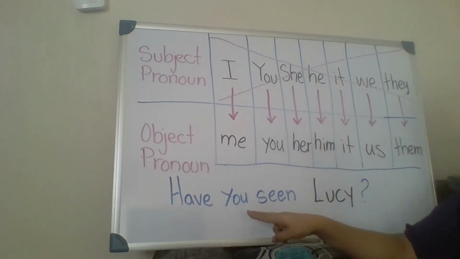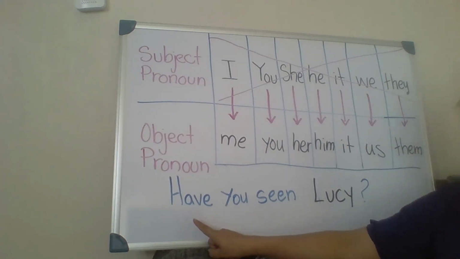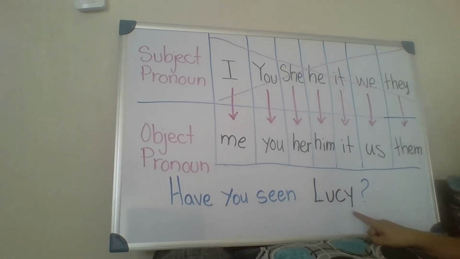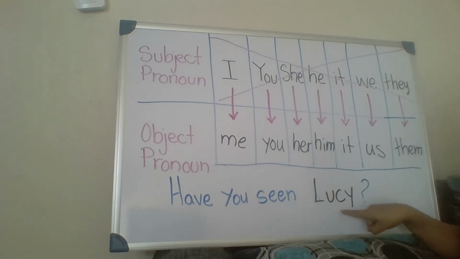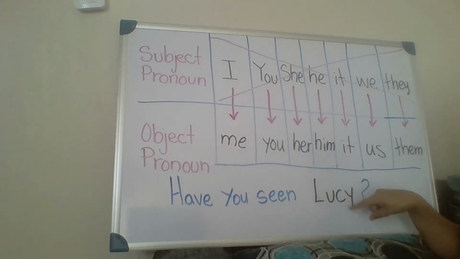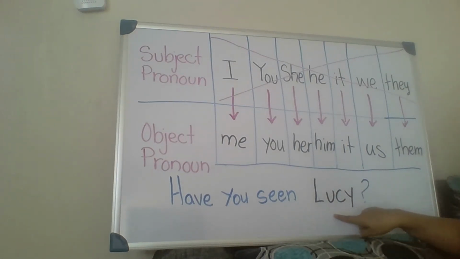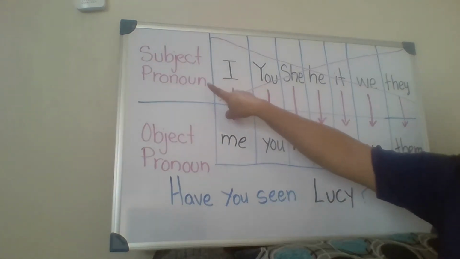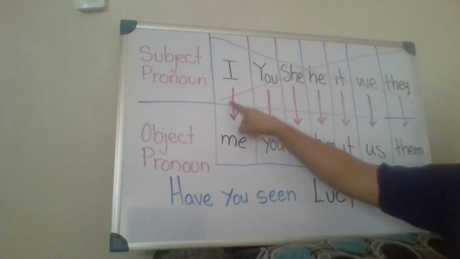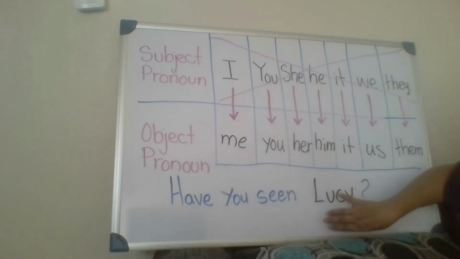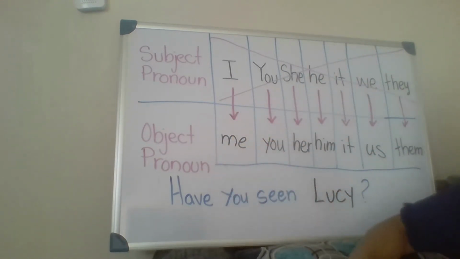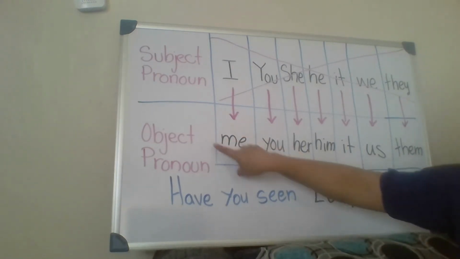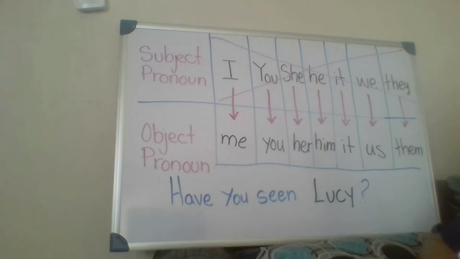Okay, for example number 2 from the book, let's read it. Have you seen Lucy? Now, the word that we're gonna replace is Lucy because it's bold. It's very, very black. Are we gonna use subject pronouns? No, we're not using subject pronouns because this is not the subject of the sentence. Now, are we using object pronouns? Yes, we are. Which object pronoun corresponds to Lucy?